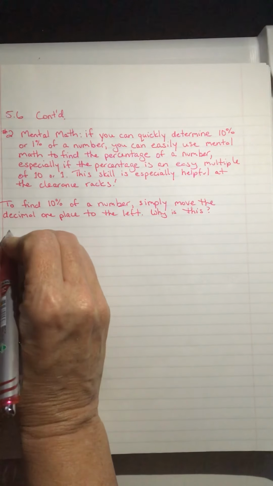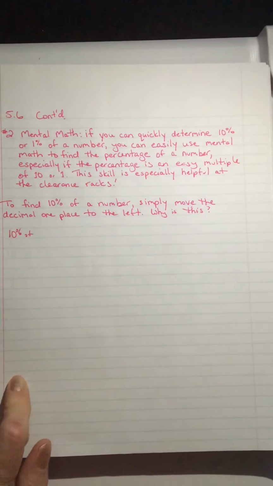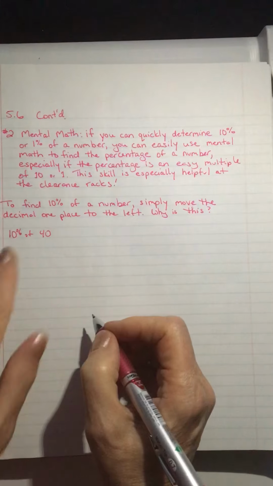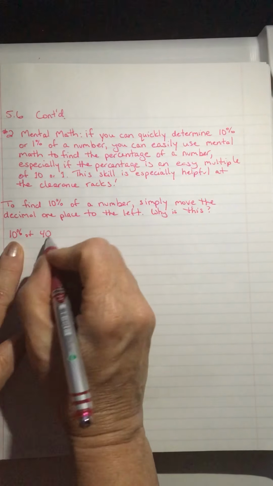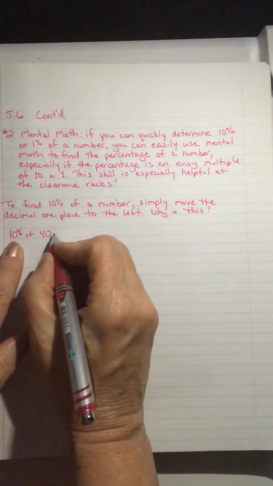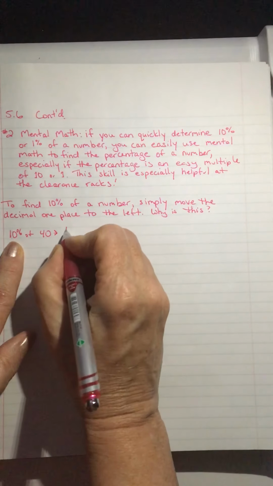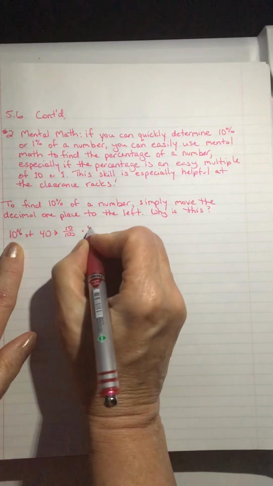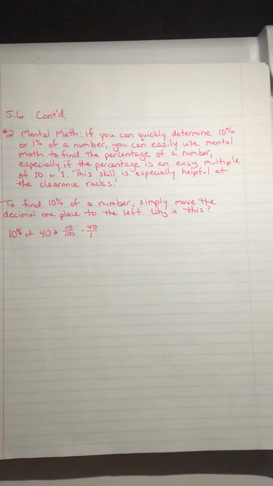If I asked you what 10% of 40 was, what you could do is use the previous method we talked about and multiply 40 by 10 out of 100, or 1/10. So that becomes 10 out of 100 times 40 over 1.